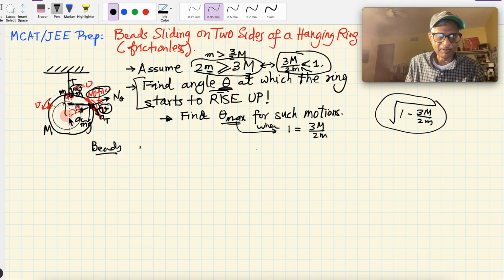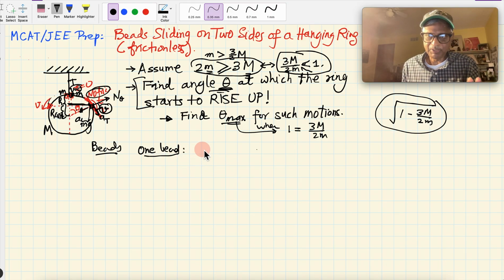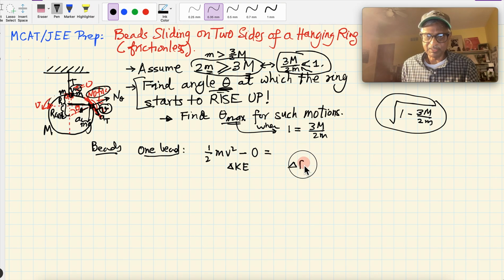So you have an R here, and this is R cosine theta. If I look at just one of the beads, the energy picture is half mv squared minus 0. So this is the delta kinetic energy, which must be equal to the delta potential energy. This was the final, and this is the initial.